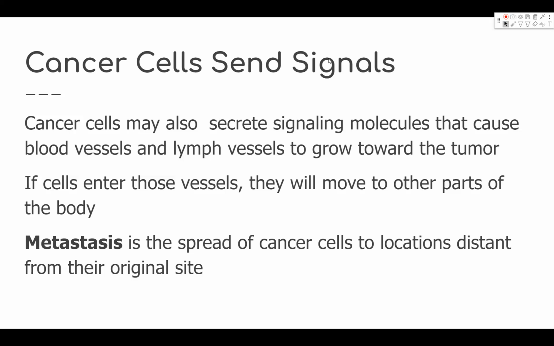A lot of the time when someone goes to a breast cancer screening, they check the lymph nodes under the armpits because those are the closest lymph nodes. And in order to stop the process of metastasis, we have to ensure that our lymph vessels aren't growing toward whatever cancerous mass has formed.